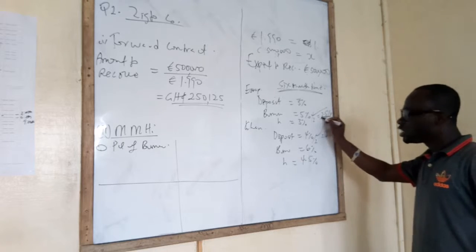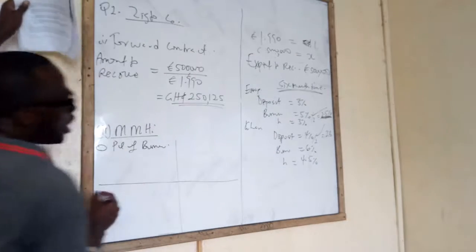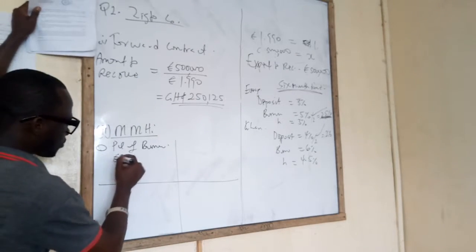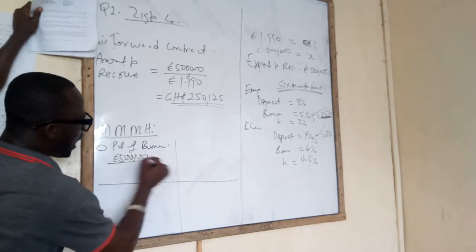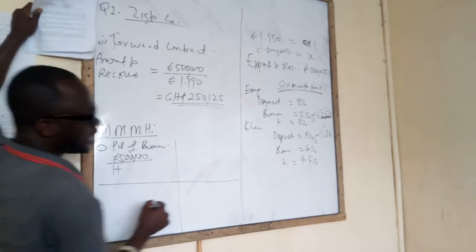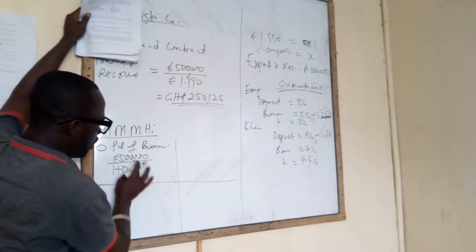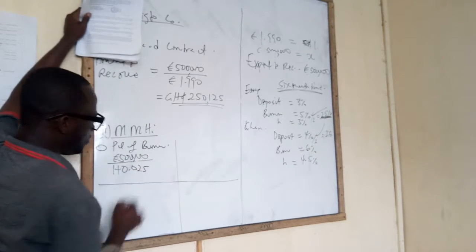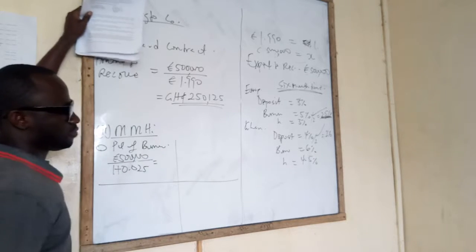So we are going to be using this rate right here. So the present value of the amount to be borrowed will be 500,000 euros divided by 1 plus 0.025. Make sense? Present value. How much do we get?